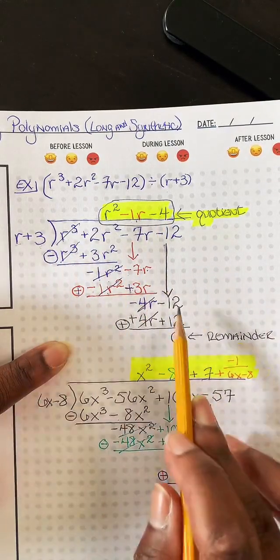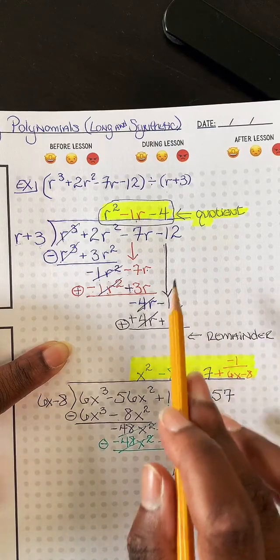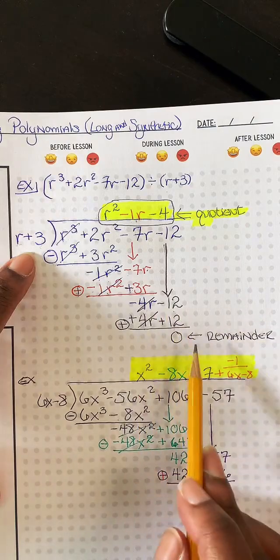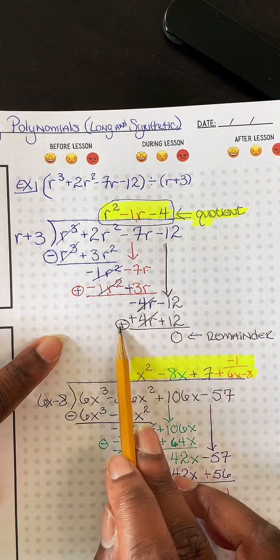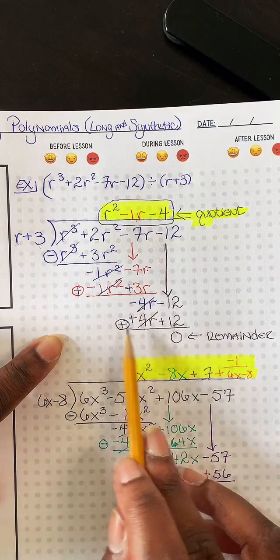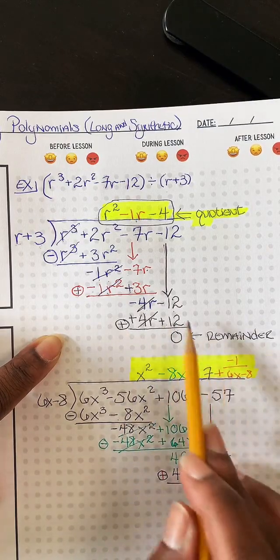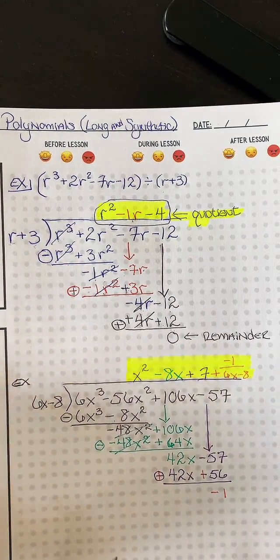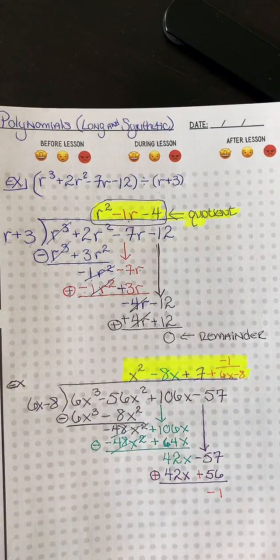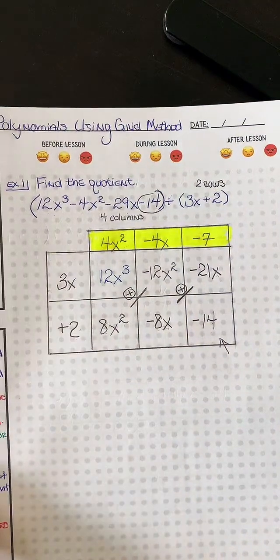Negative 4 times 3 gives us our negative 12. And then you'll get your 4r plus 12, because when you're subtracting, you're making a minus a negative. That turns plus, and we had 0 as our remainder. All right, I know, it's all kinds of funky, right?